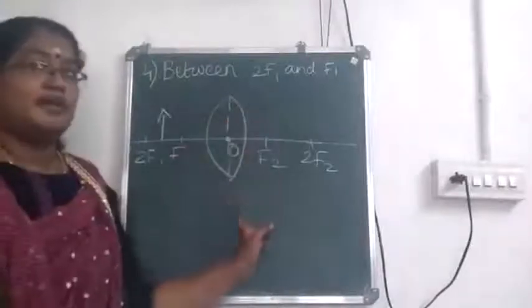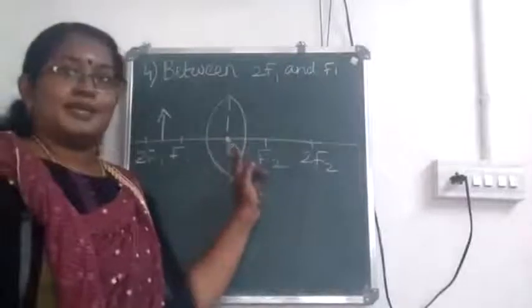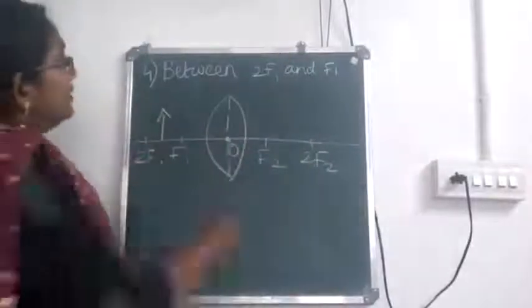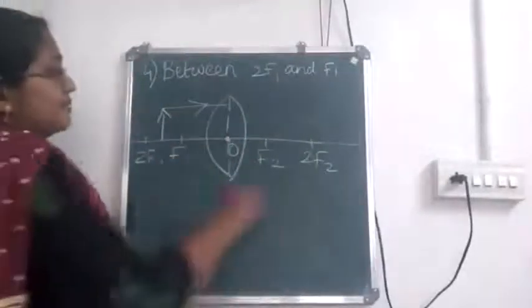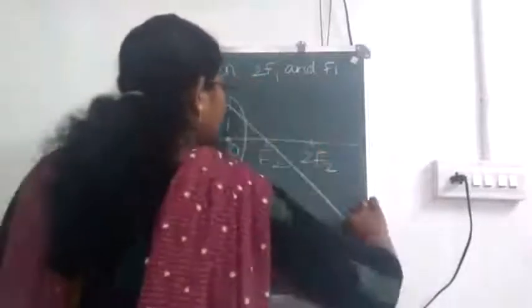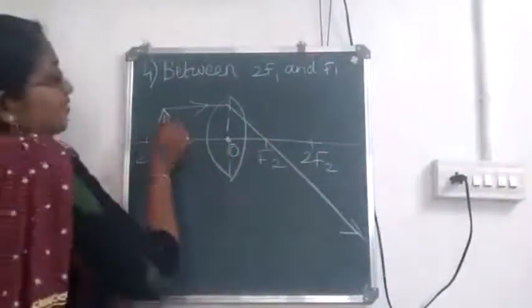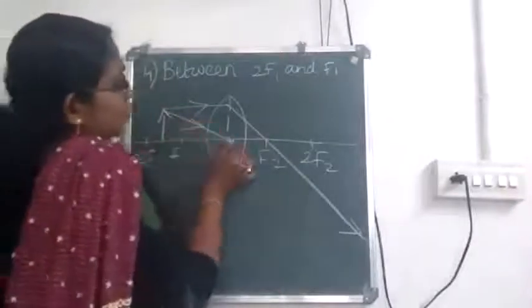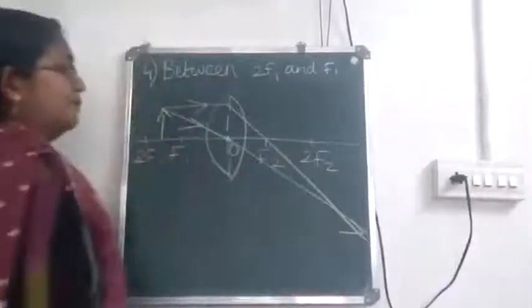Before that we should be ready with the lens, principal section, principal axis, optic center, F1 and 2F1, F2 and 2F2. So here also first ray parallel to the principal axis. After refraction, it moves through the focus, second focal point. Then second ray moving through the optic center. Okay.